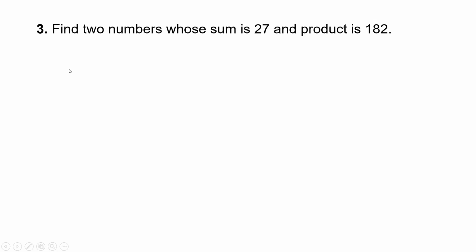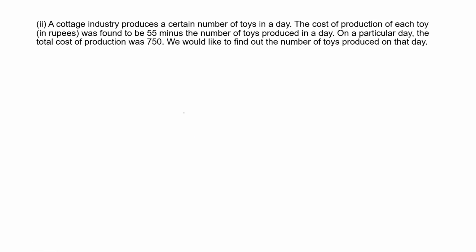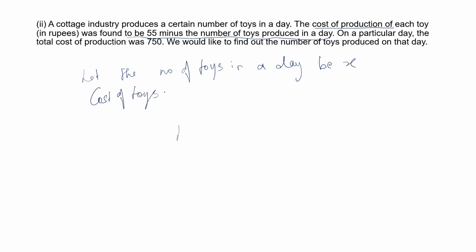So let the number of toys produced daily be X. Okay, the cost of production of each toy was found to be 55 minus the number of toys produced. So 55 minus X is the cost.